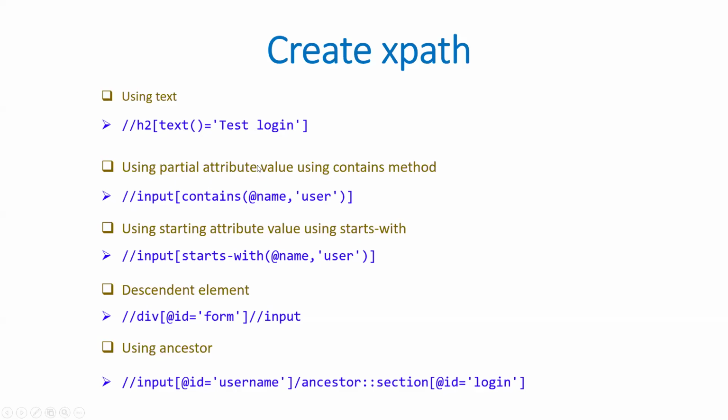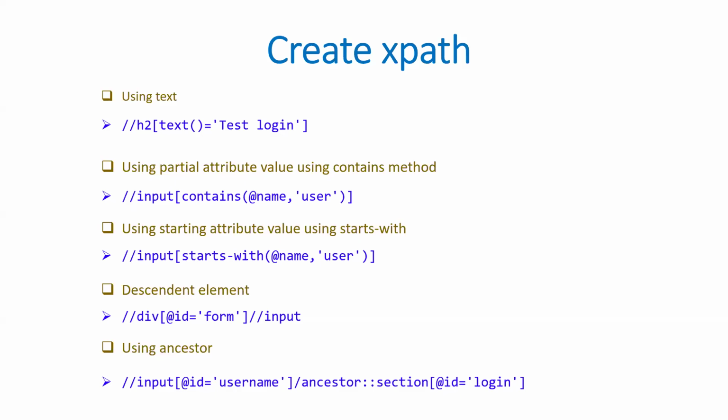Similarly, if I want to use some partial attribute value in the XPath, then we can use the contains method. I can use the contains method to define a partial attribute value. That means instead of using a full attribute value, I can use partial attribute values as well in the XPath.